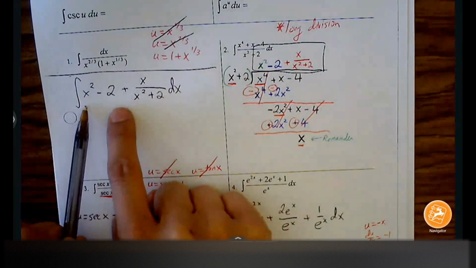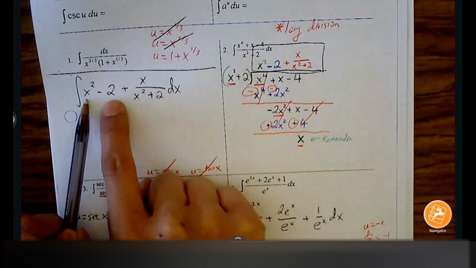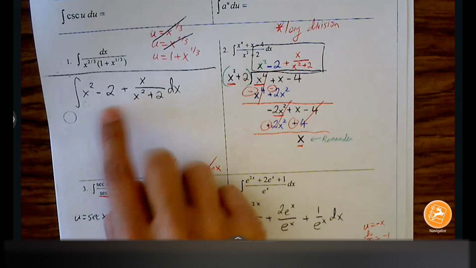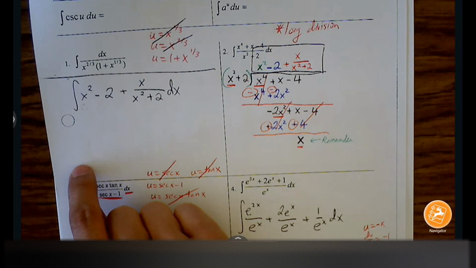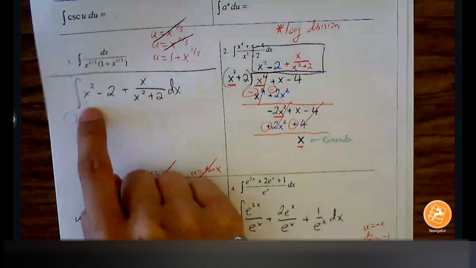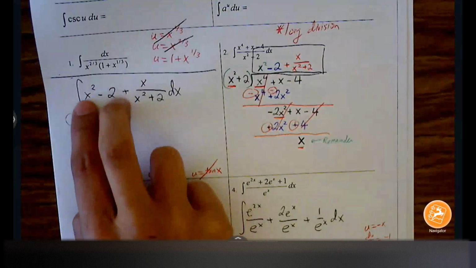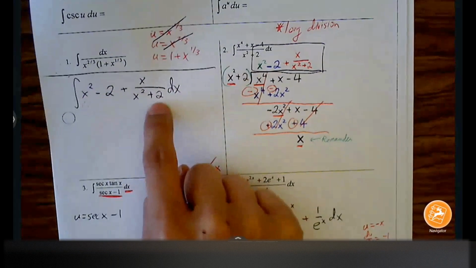So what rule do you think we can handle these terms with? Power rule and U-Substitution? Yep, these both are power rule, and the last one is U-Substitution.